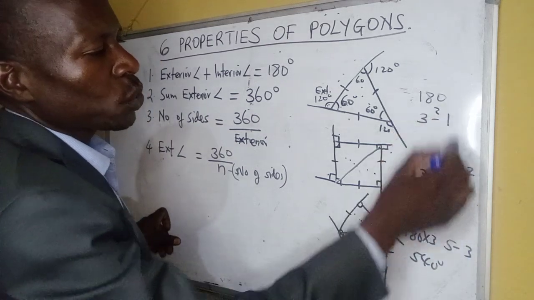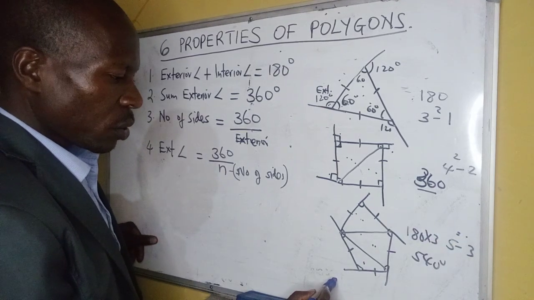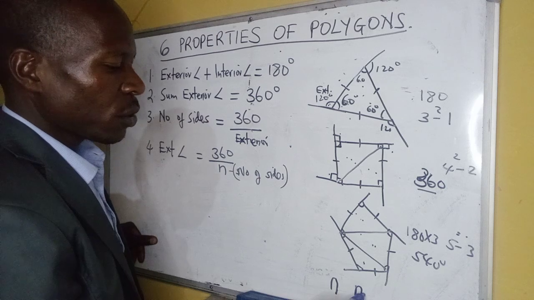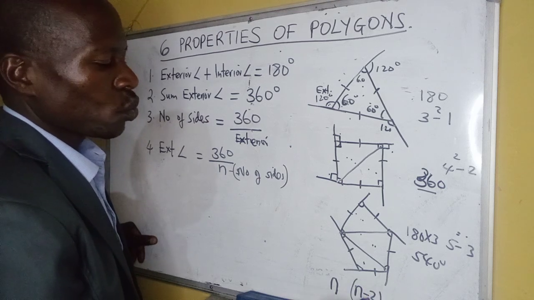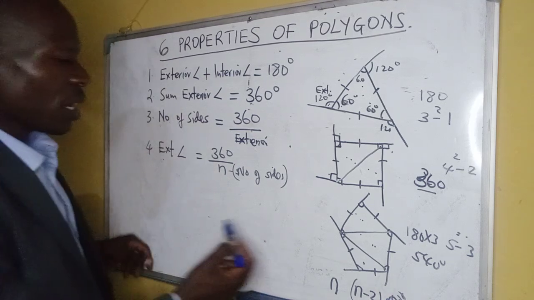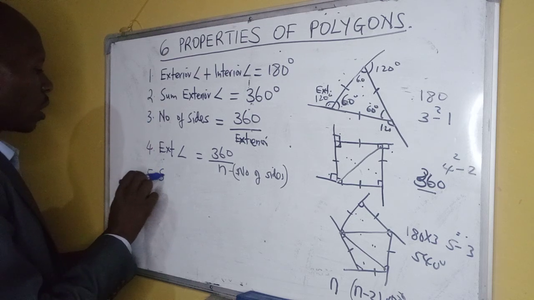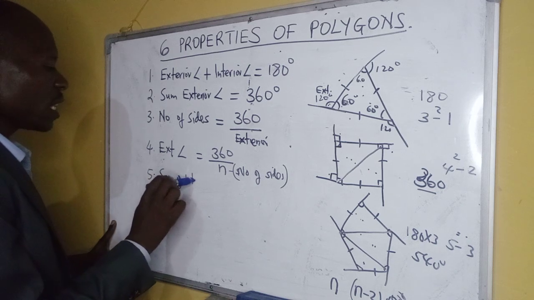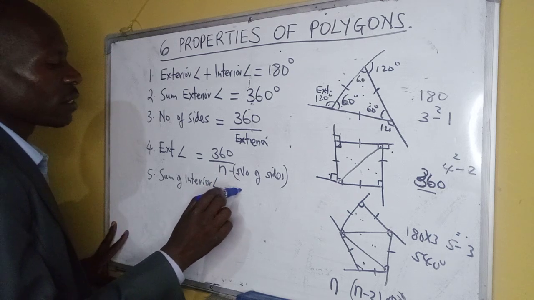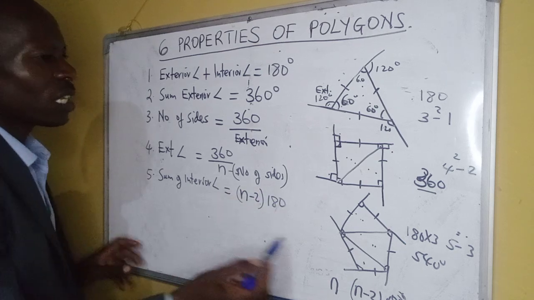There's a difference of 2 in each, which means if I have another polygon with n sides, then I am sure the number of triangles inside will be n minus 2. And a triangle has 180 degrees as interior. So we realize that the sum of interior angles of a polygon is given as n minus 2 multiplied by 180, so that you get the sum.